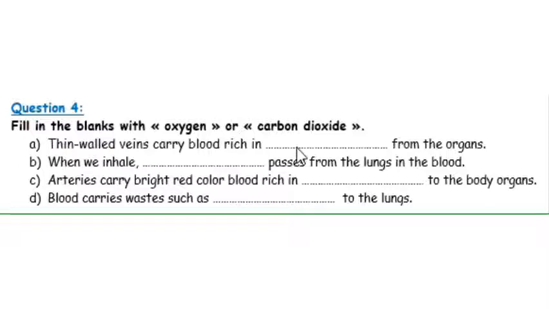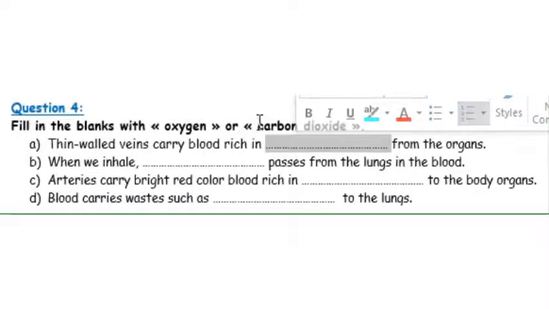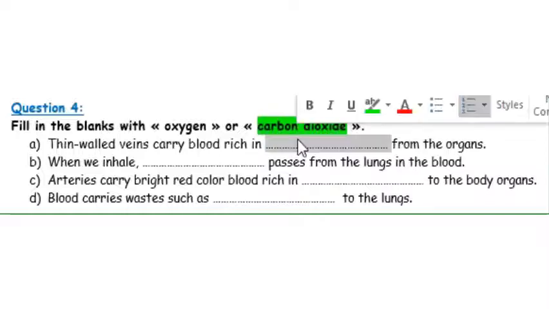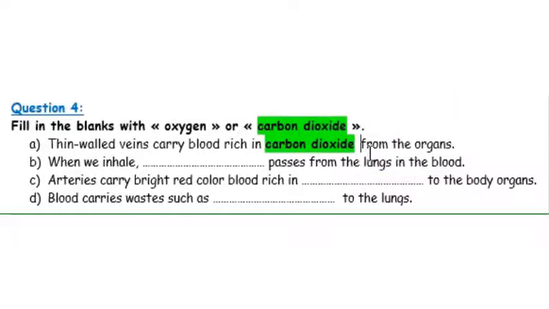So veins are rich in carbon dioxide. So I'm gonna color it in green and copy it in here. Okay. So again, veins contain blood rich in carbon dioxide.